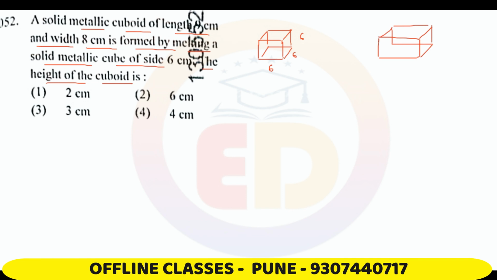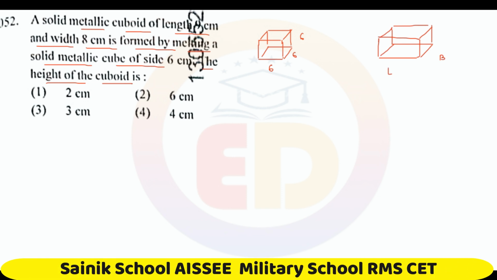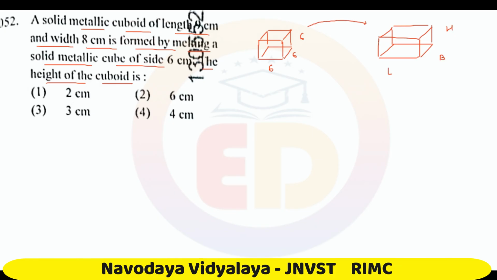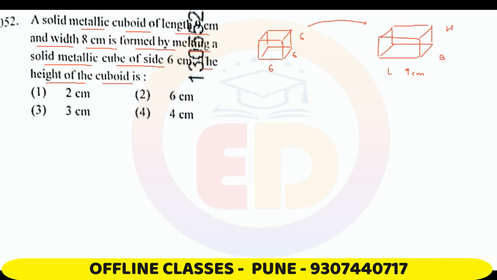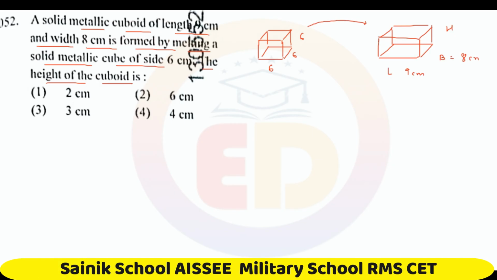Now cuboid is another 3D structure with a length, breadth and height. In the question they say that the cuboid formed after melting the cube has a length of 9 centimeter, breadth, meaning width, of 8 centimeter, and they are asking for the height.